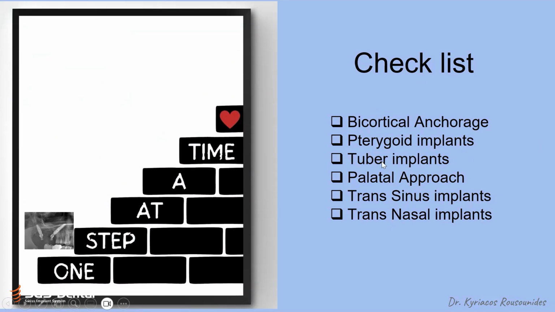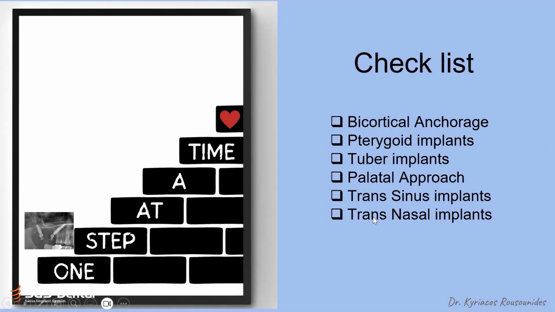The difference between the pterygoid and the tuber implant is that one is placed bicortically on the cortical plate of the pterygoid, and the other is in the spongious bone of the tuber and the cortical bone of the edge. That is not always so stable, but if it's connected with other implants, it's also acceptable.